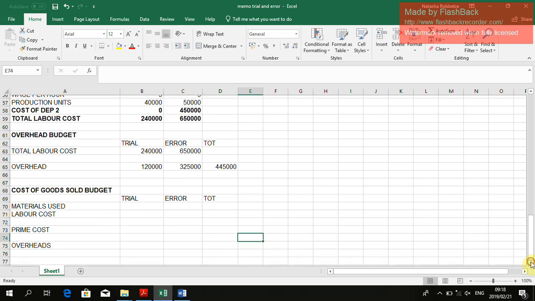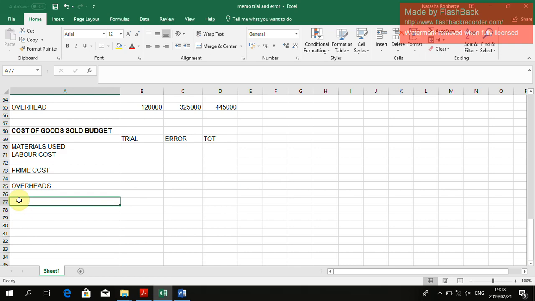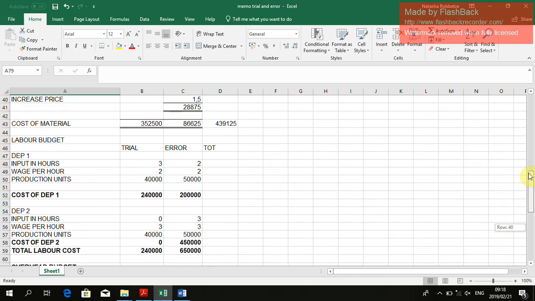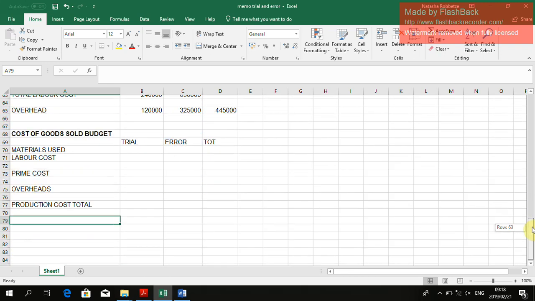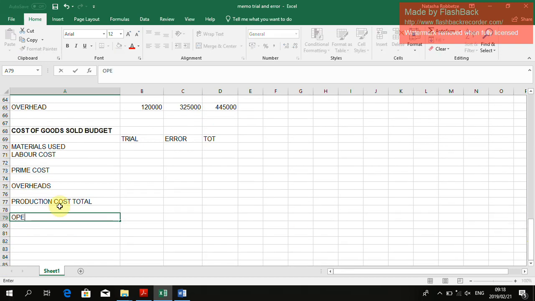And that will give us a final production cost total. Thereafter, we will take opening finished goods, and we will add it. Closing finished goods will be deducted. And we get to the cost of sales.